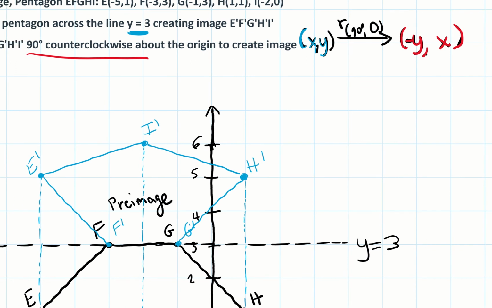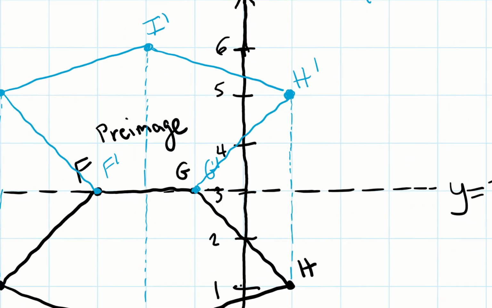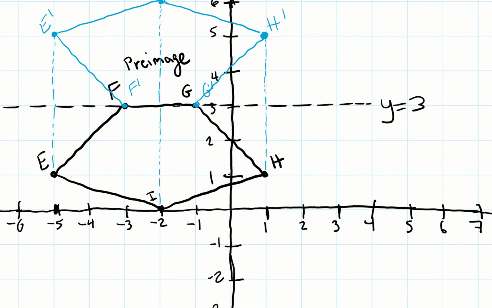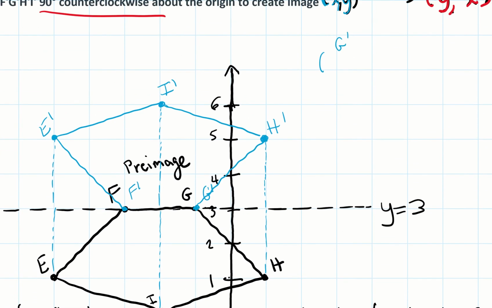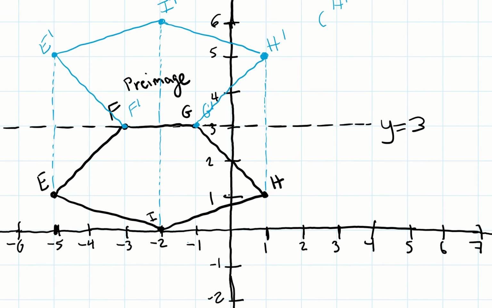Let's go ahead and do it for G prime. G prime is right here, and it's negative 1, 3. Let me write down all the coordinates. H prime is 1, 5.